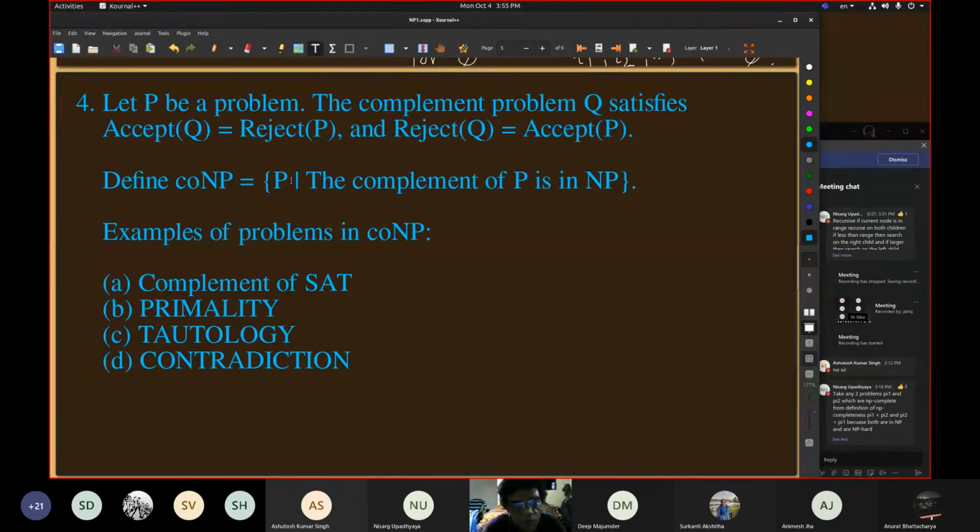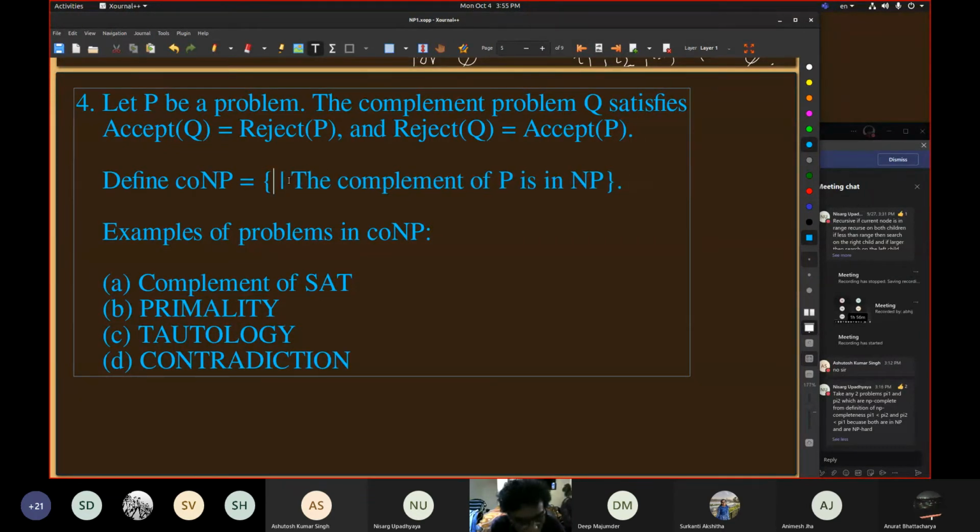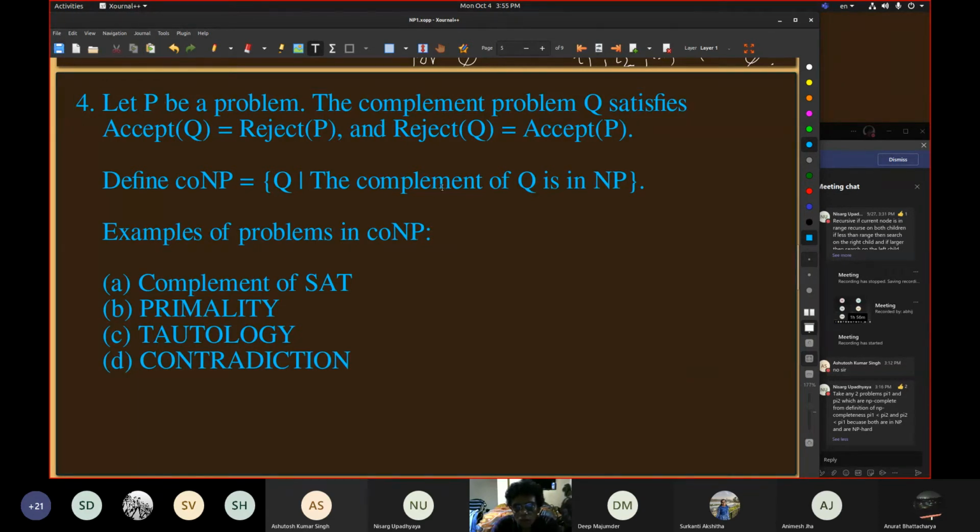So maybe just for clarification, a little bit more consistent with the notations, let me write Q. The complement of Q is in NP. So this is more of an introduction to this concept. So here are some examples.